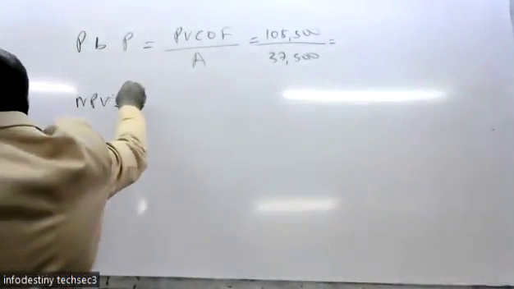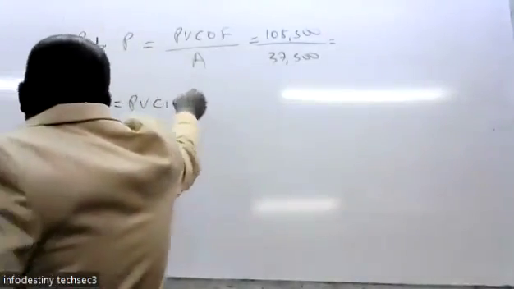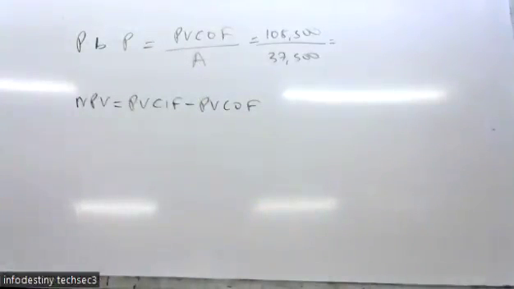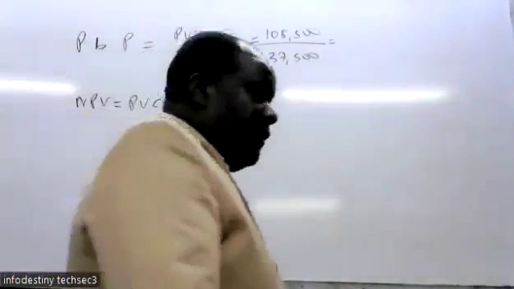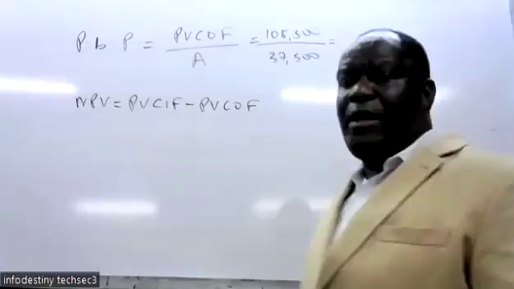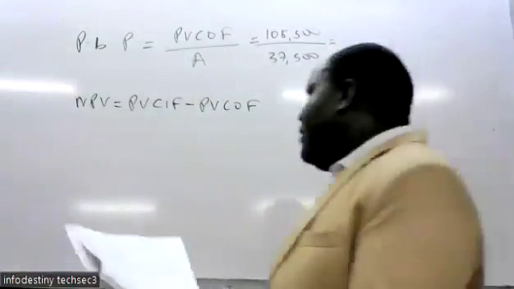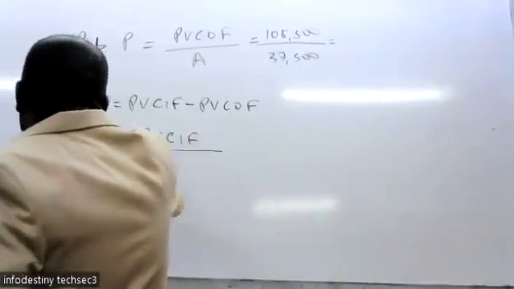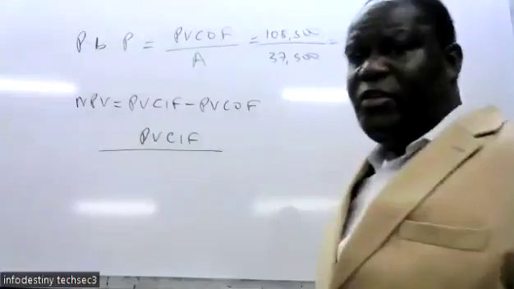So NPV is given by the present value of the cash inflows minus the present value of the cash outflows. We start with the present value of the cash inflows.